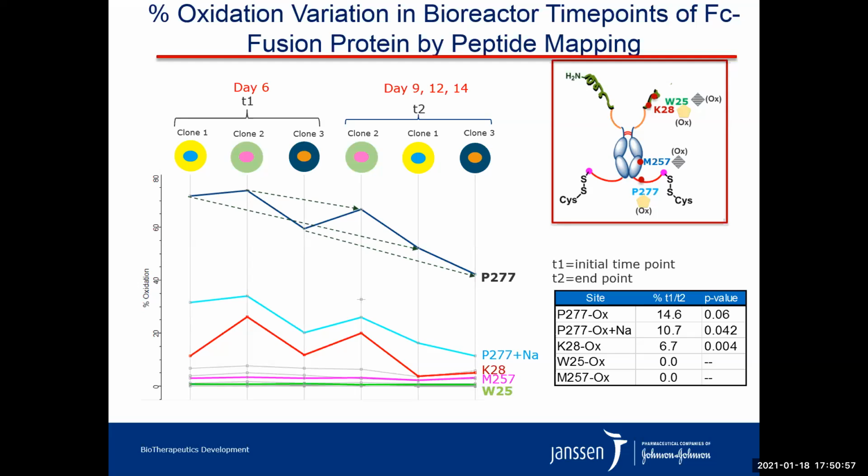We see a clear, statistically significant decrease in the T1 to T2 ratio for proline 277 and lysine 28 oxidations. Also from these observations, we support the notion that both proline 277 and lysine 28 are oxidized by the same class of enzymes. And we don't see the chemical oxidations trending in this manner.